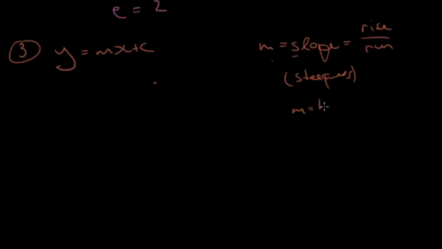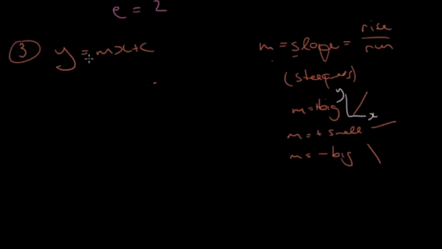If m's big and positive, it looks like that. M equals positive and small, something like that. M equals negative and big, something like that. That's obviously on a set of axes, something like that.